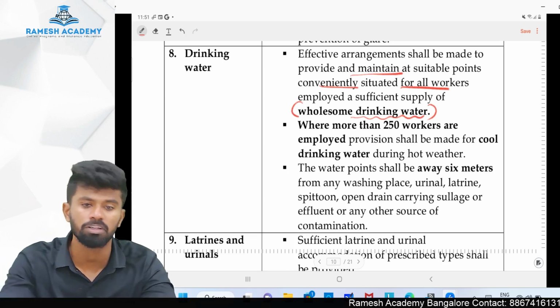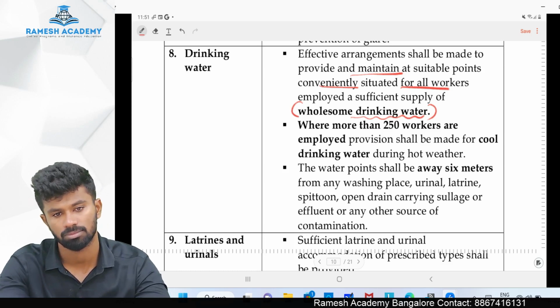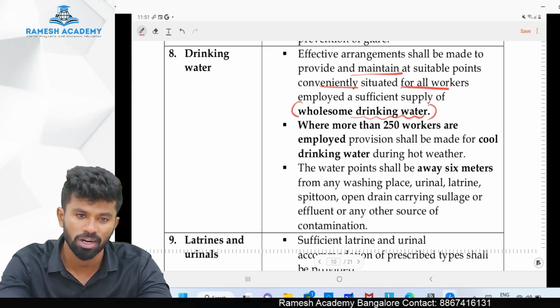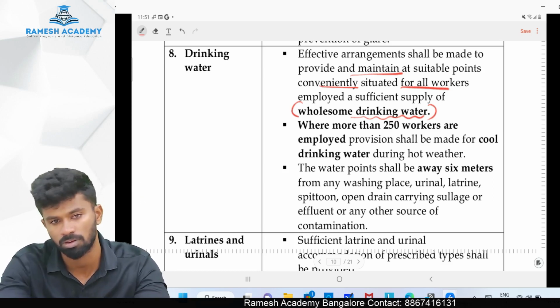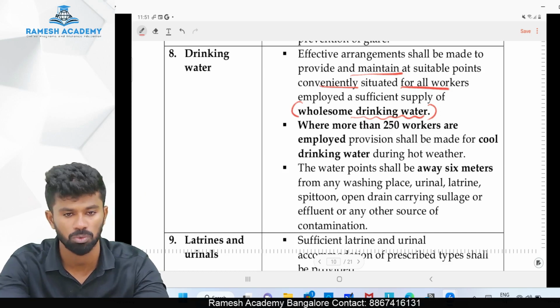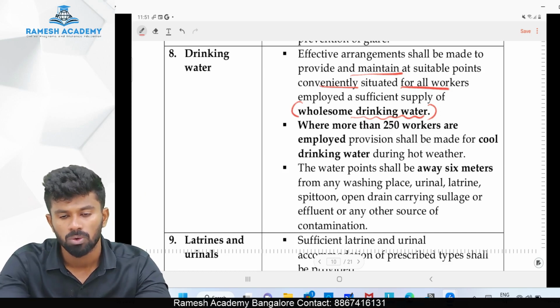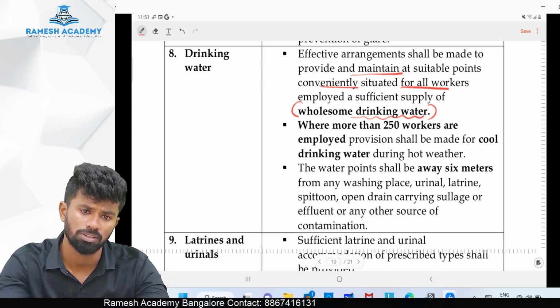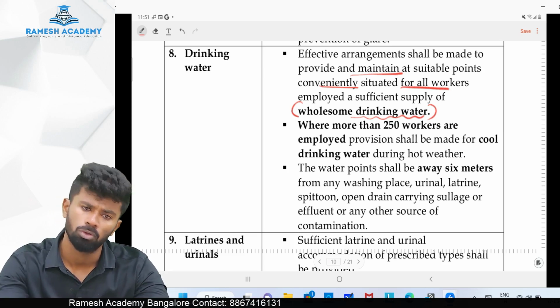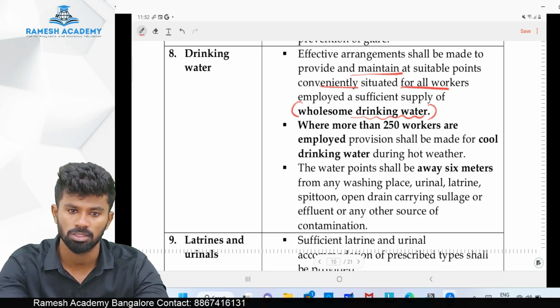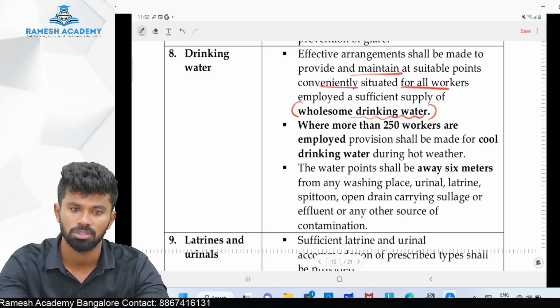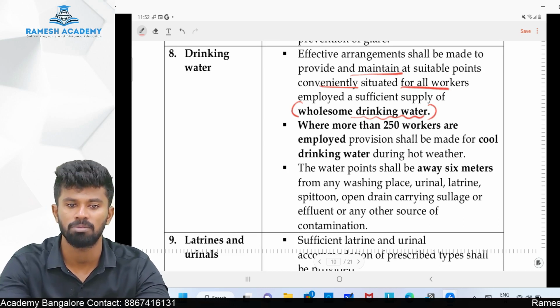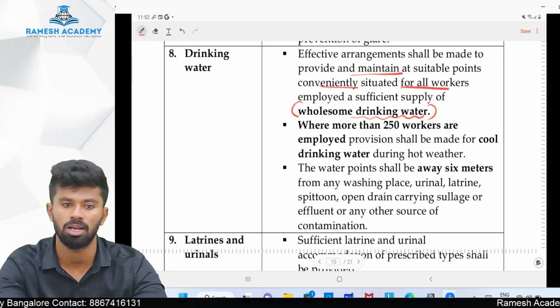More than 250 workers employed in a factory. And this water point shall be 6 meters away from the washing places, washrooms. So you have to provide a cool drinking water facility if more than 250 workers are employed, and it shall be kept at least 6 meters away from any washing place, urinals and latrines.